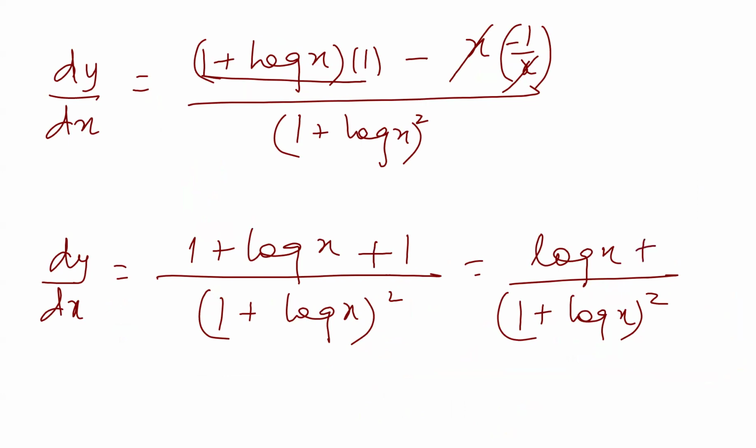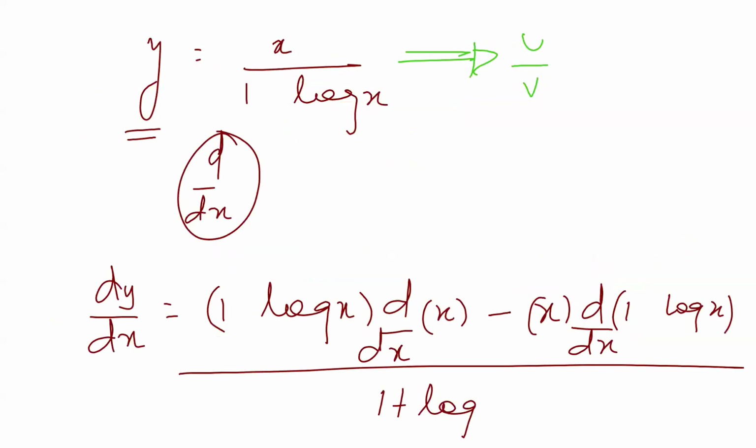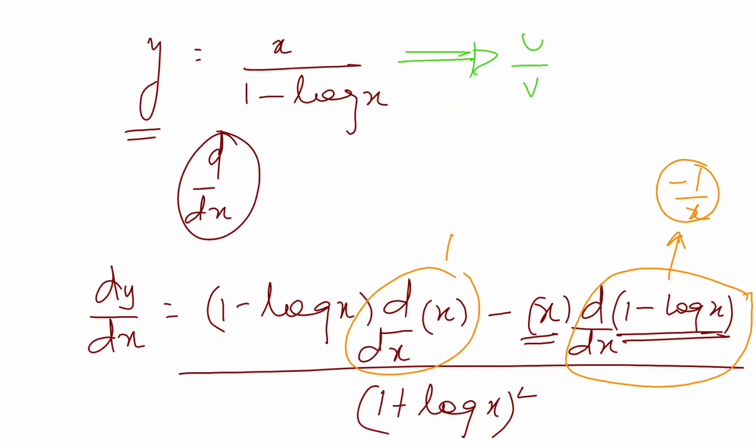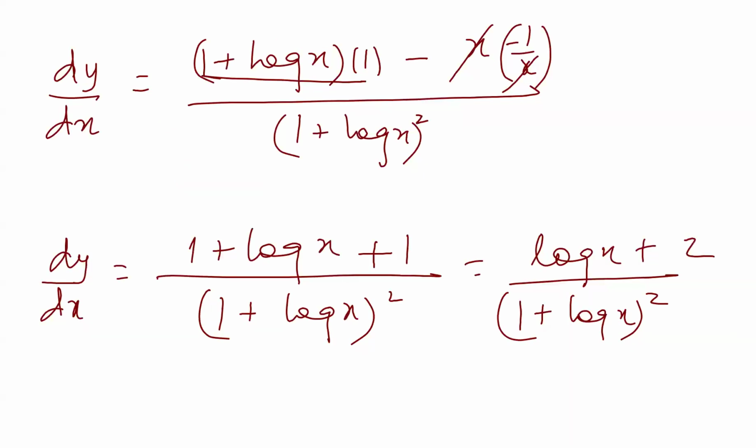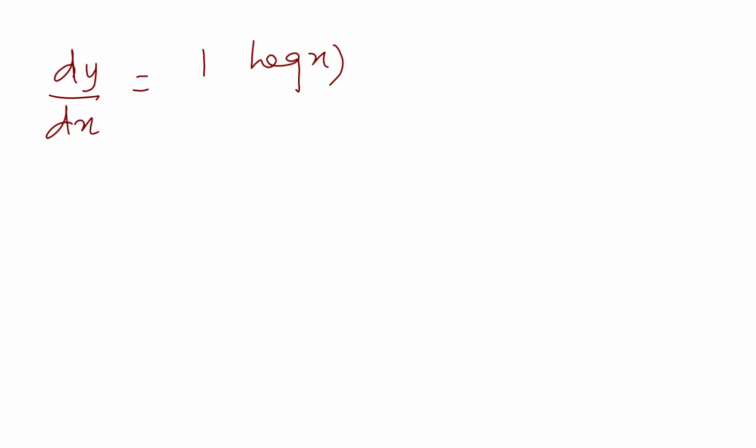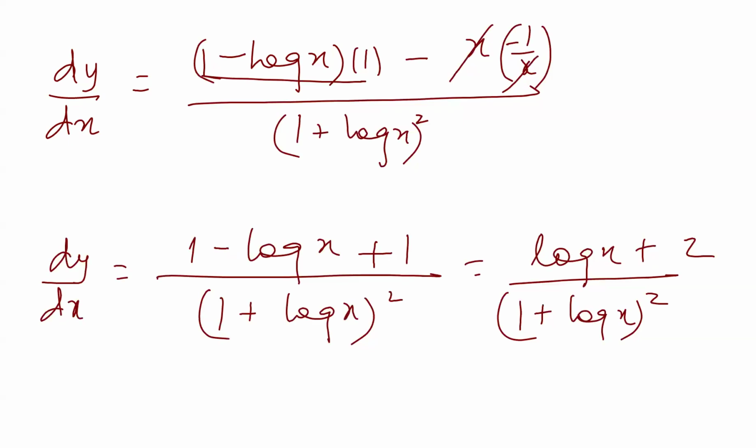Now let me check whether the answer is 1 minus log x. Still I'm making some changes, so this is minus over here. So (1 minus log x) plus 1, so 2 minus log x.